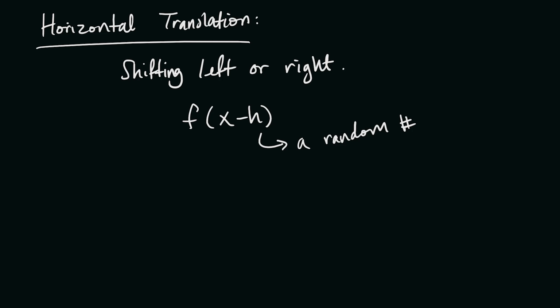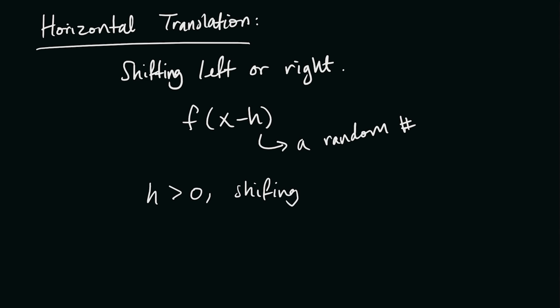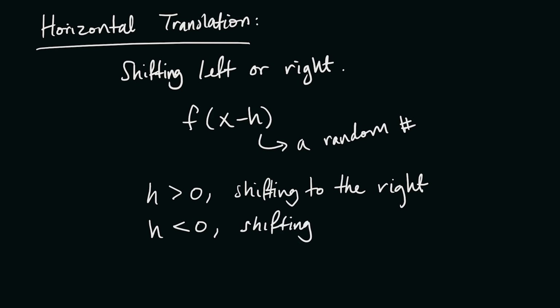So here we go. We have the rules again. If h is greater than 0, then it's shifting to the right. Now, if h was smaller than 0, it's going to be shifting to the left.